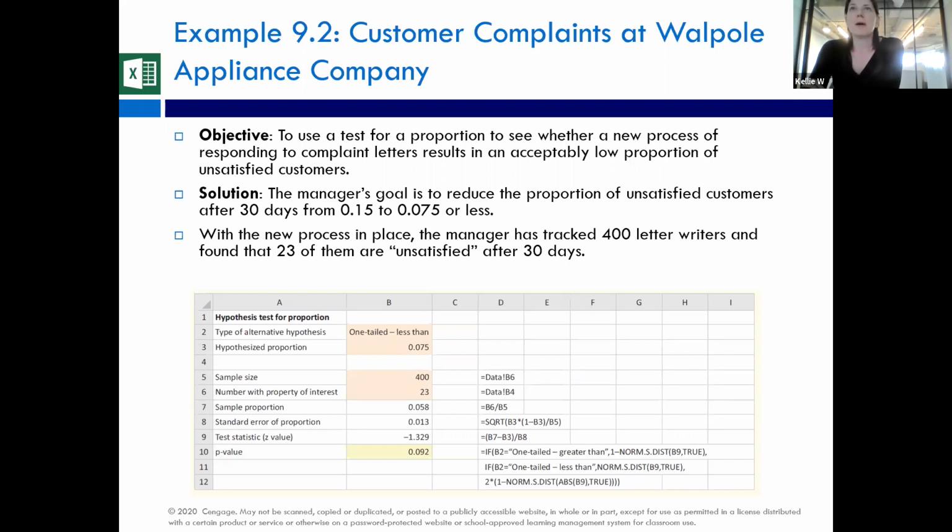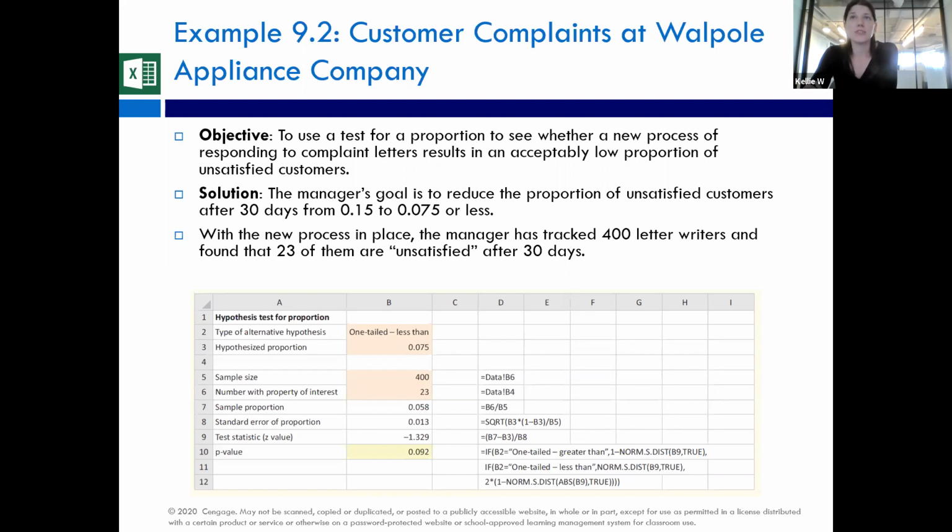The alternative hypothesis is going to be one-tailed less than, and our hypothesized proportion is that it's less than 0.075. So if our sample size is 400 and our number with the property of interest is 23, our sample proportion is 23 out of 400, which is 0.058.